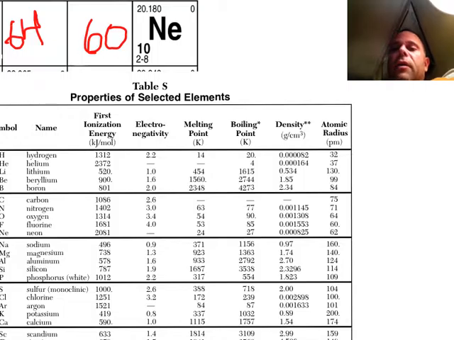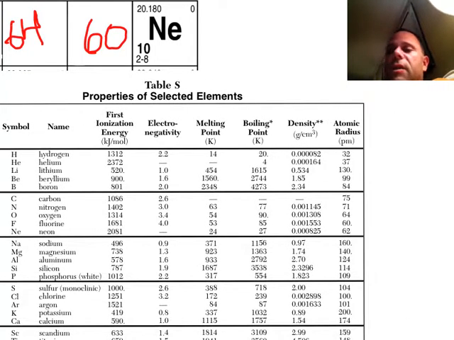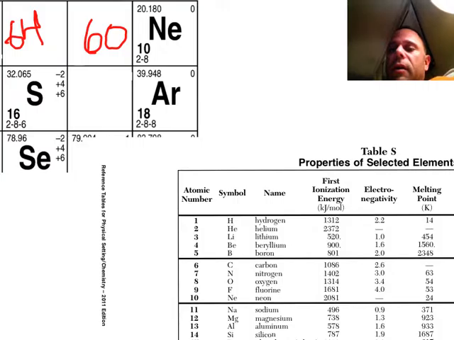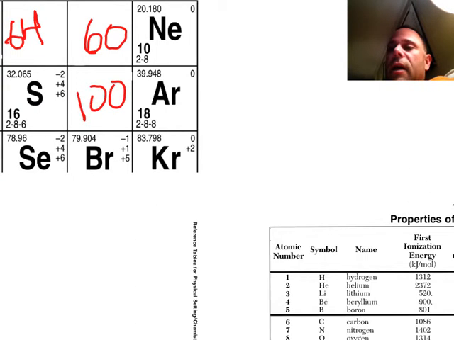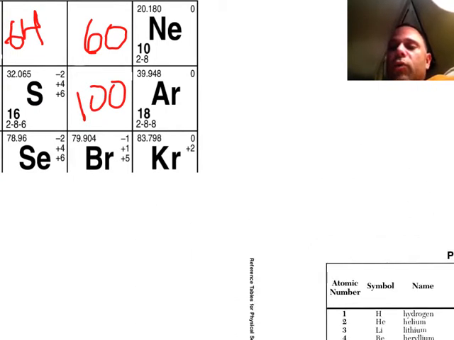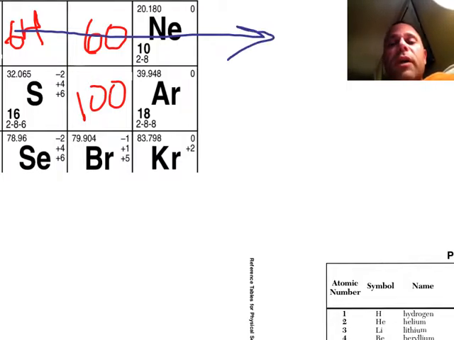And chlorine, atomic number 17, is 100. Now that says that as you move to the right across the period, the radius of an atom decreases.